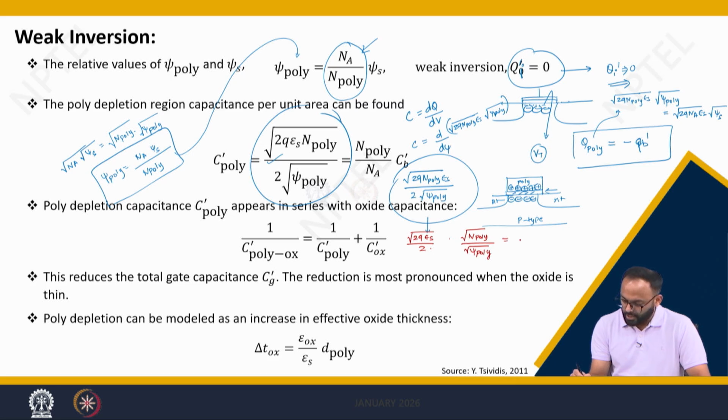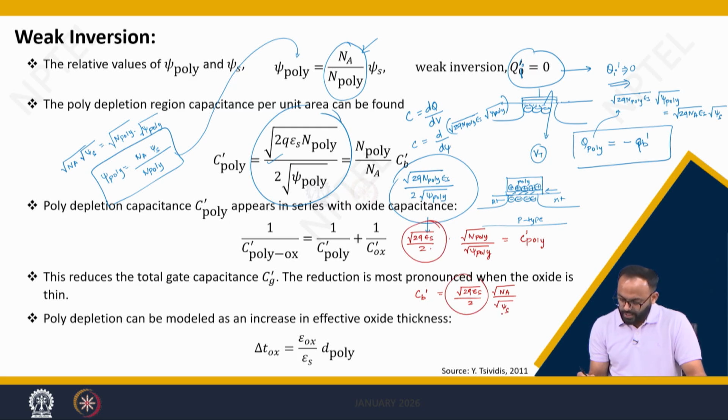This is nothing but equal to C dash poly, where C dash is the capacitance per unit area. Now, if we write the equation for Cb dash, it is square root of 2 into q into epsilon S divided by 2 into square root of Na by square root of psi s. So, this quantity can be replaced in terms of Cb dash, square root of psi s divided by Na.